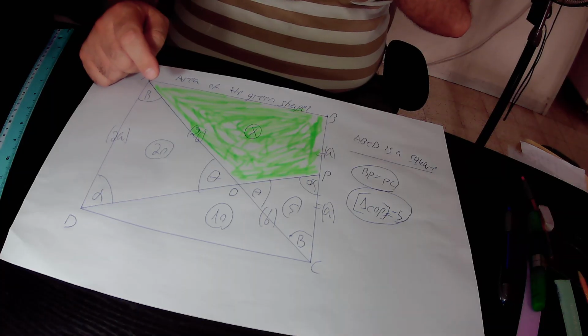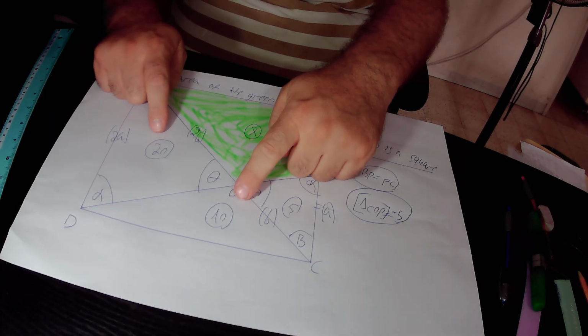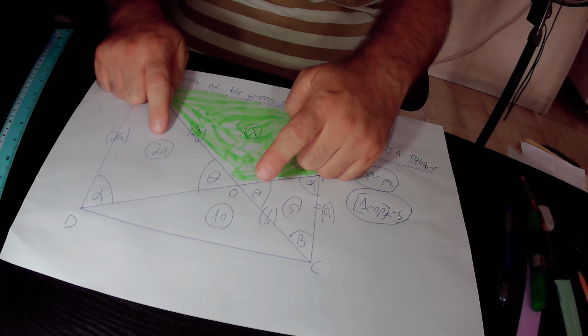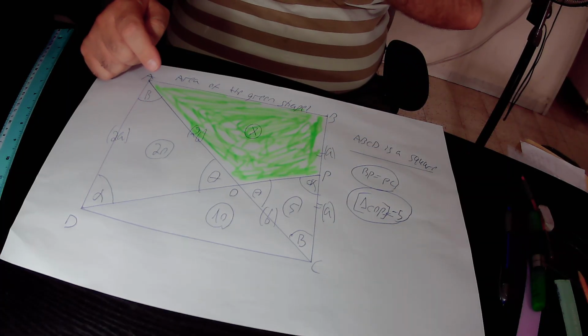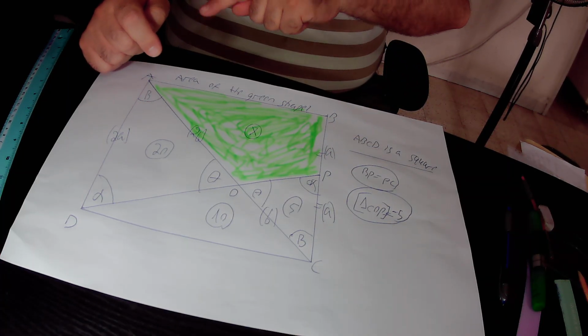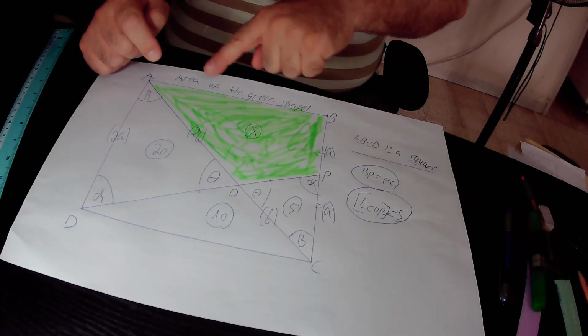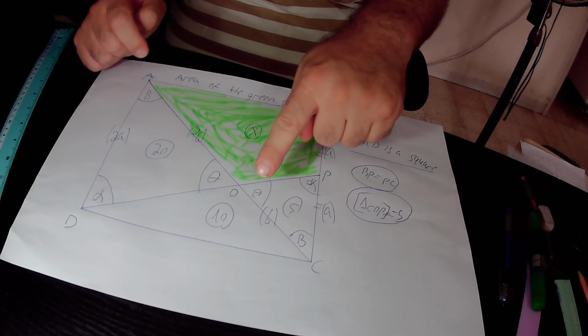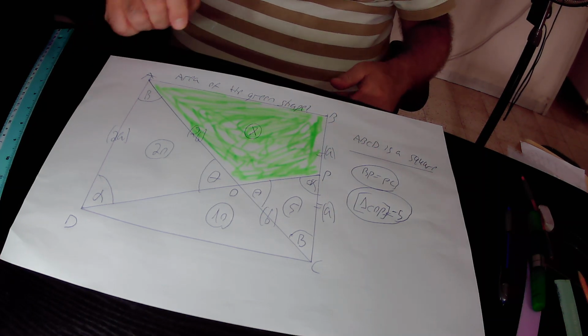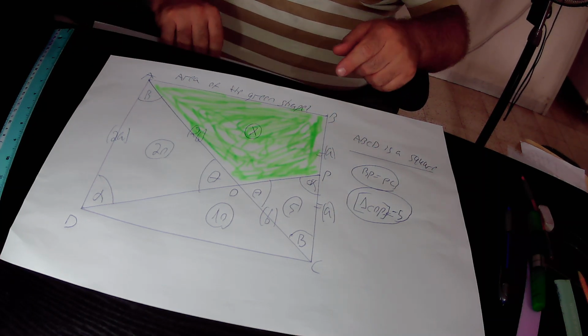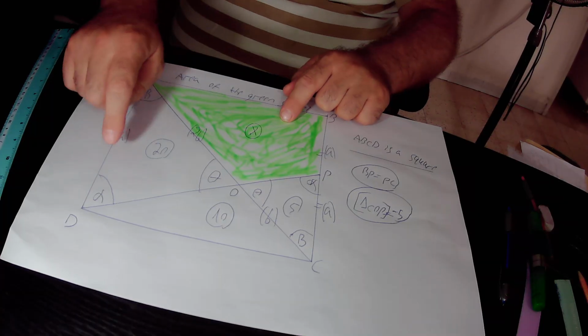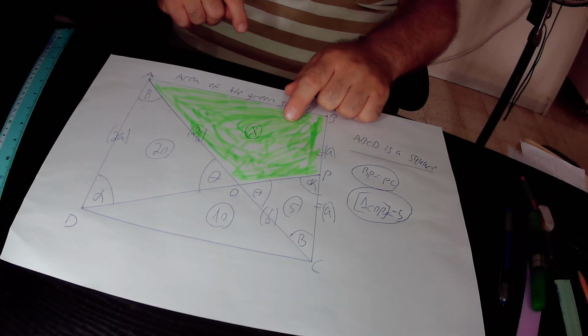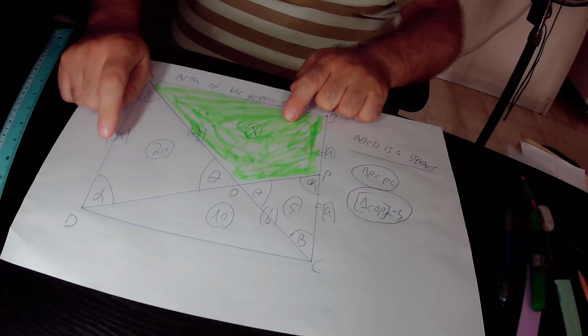According to rule 23, the ratio between the areas of those two small triangles is equal to the ratio between their corresponding bases. That is AO over OC, because AO is the base of triangle ADO and OC is the base of triangle OCD.